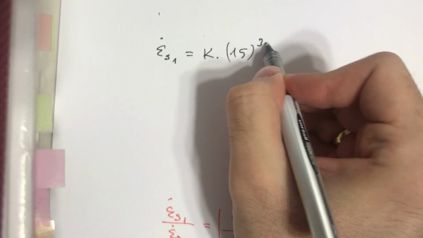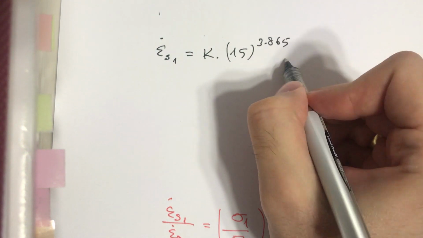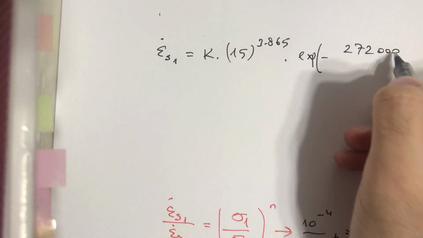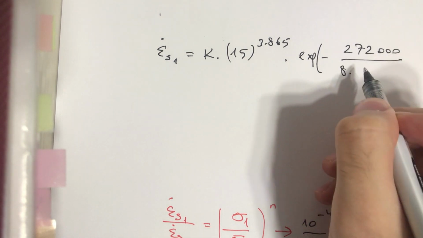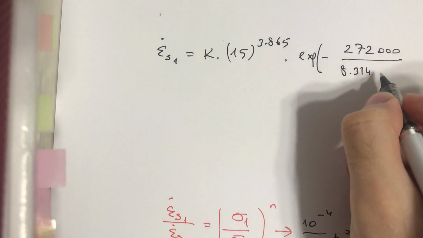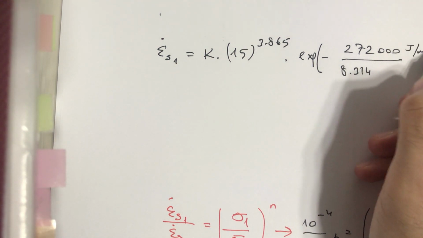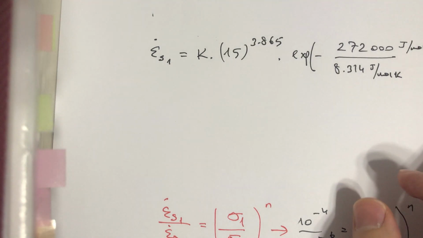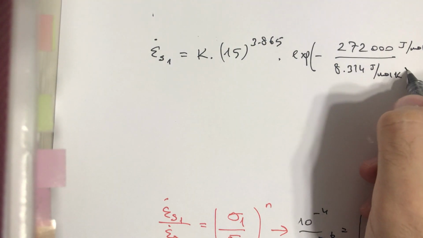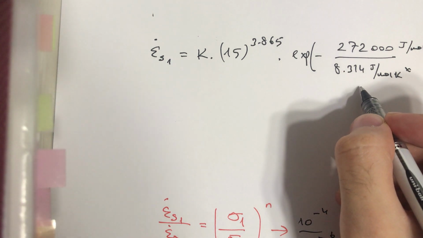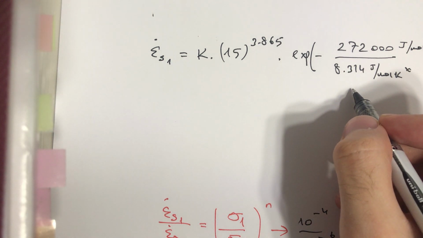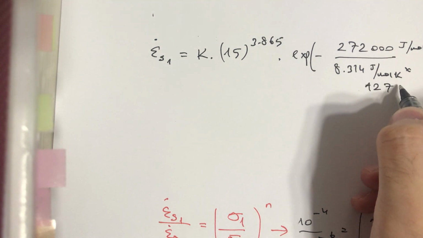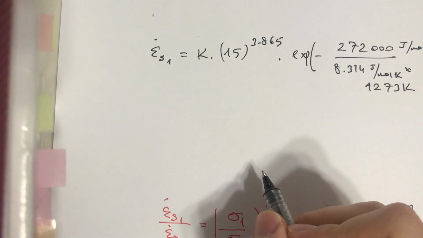So 15 to the power 3.865 times exponential minus 272,000 joules per mole divided by 8.314 joules per mole Kelvin times the temperature of that point, which is 1000 degrees Celsius or 1273 kelvins.